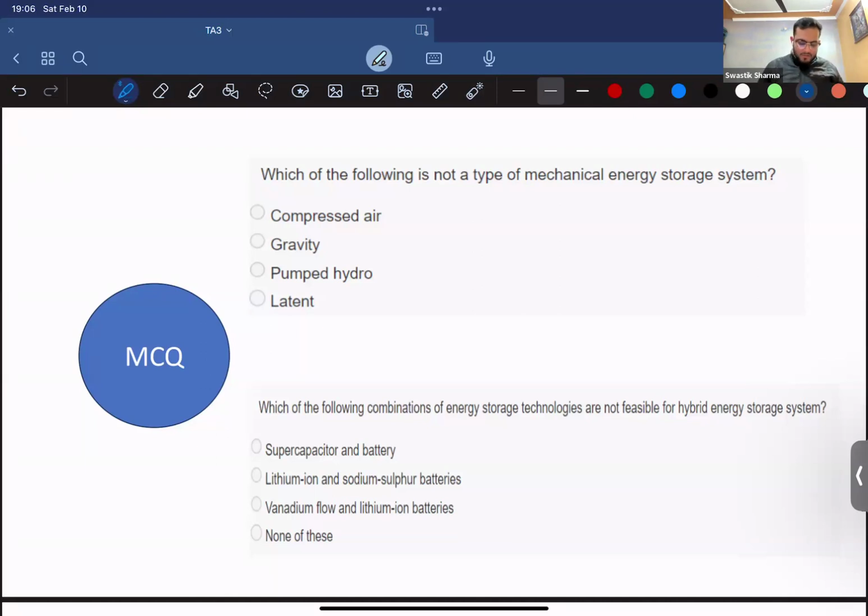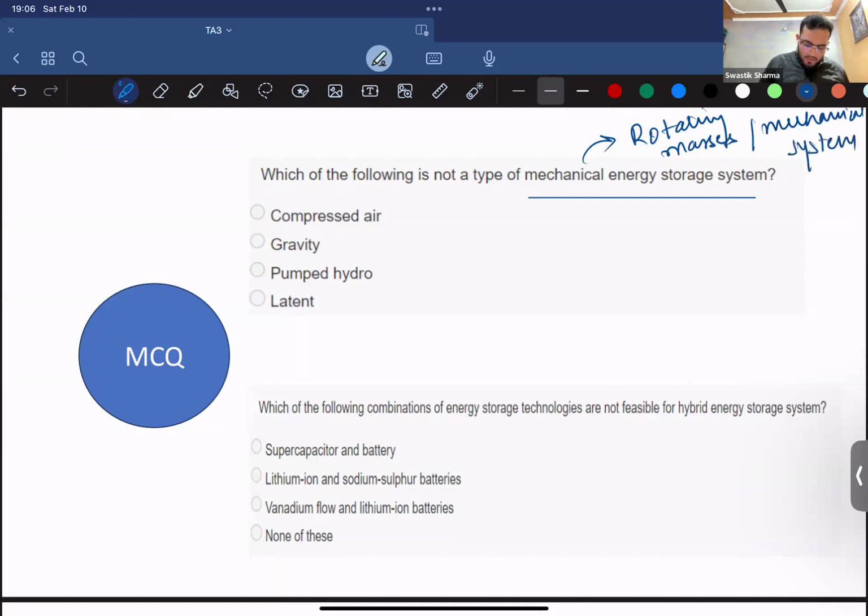The first question is, which of the following is not a type of mechanical energy storage system? In a mechanical energy storage system, you generally use mechanical devices such as rotating masses or other mechanical systems.